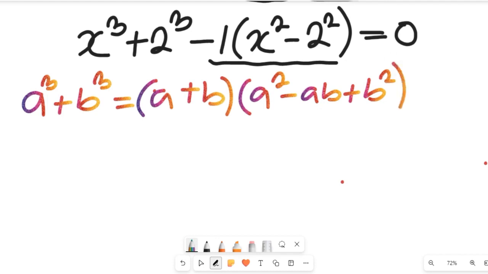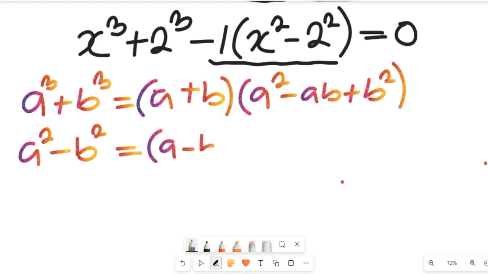Now, according to that same algebraic formula, we can have a to the power of 2 minus b squared, which can be equal to a minus b multiplied by a plus b.